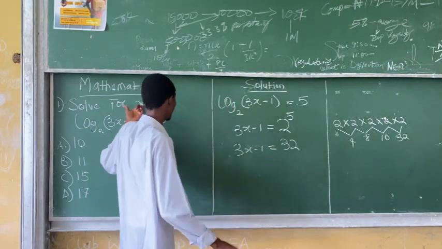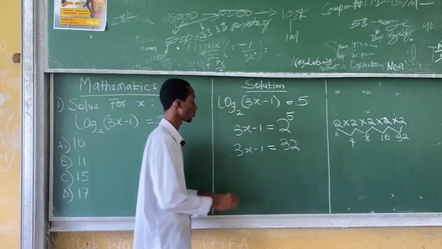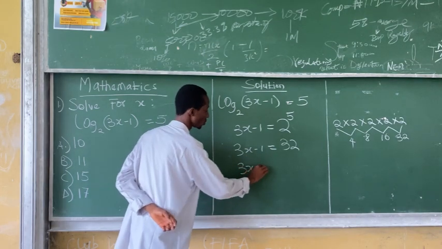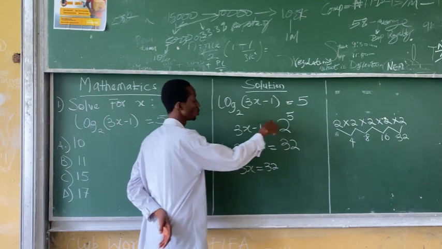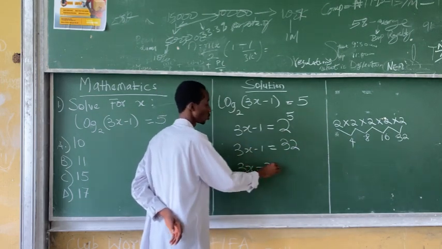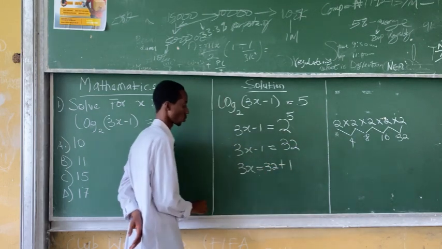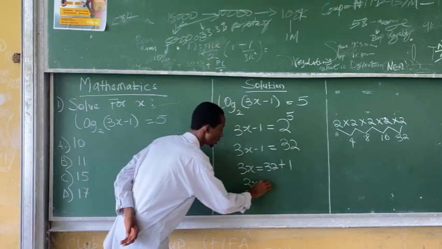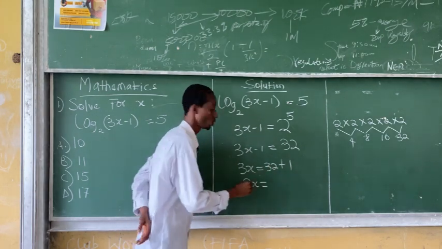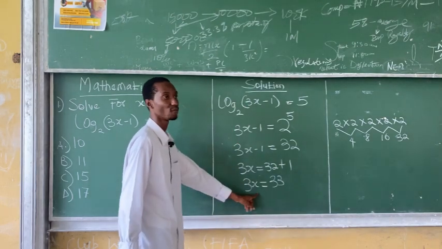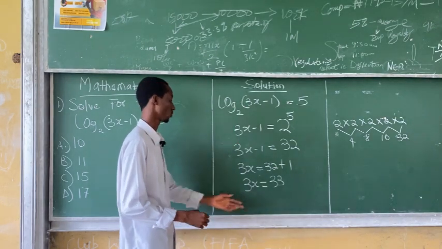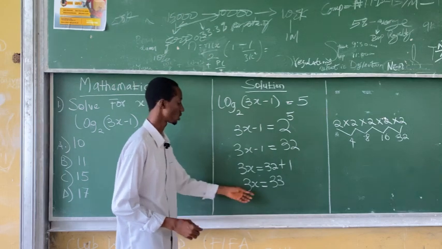They say solve for what? X. So if we make x the subject of formula, we have 3x is equal to 32. Minus 1 crosses the equality sign, it goes to this other place. It changes from minus to plus. So we have plus 1. We have 3x is equal to 32 plus 1. It will give us 33. To find the value of x, we divide by the coefficient of x in this equation, which is 3.